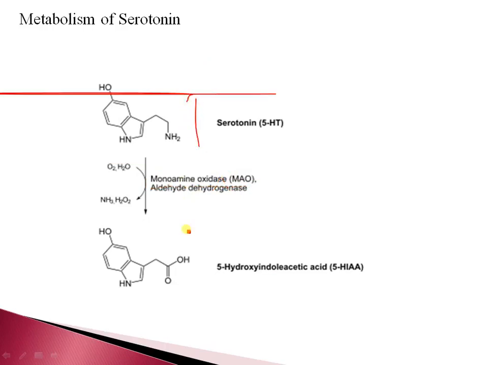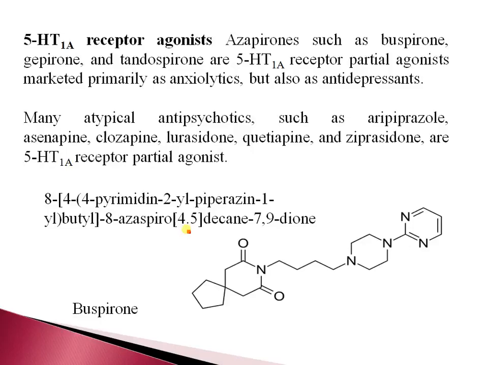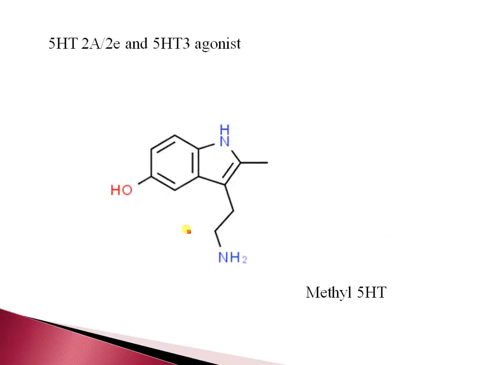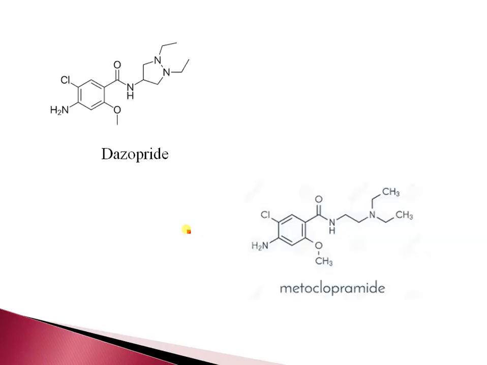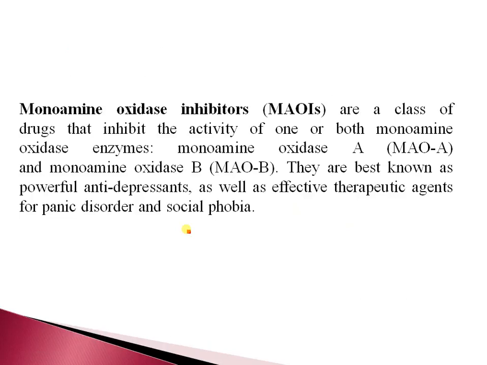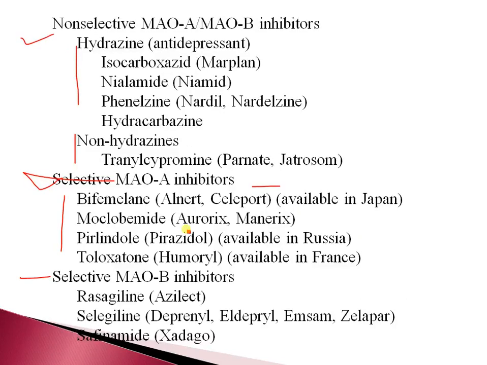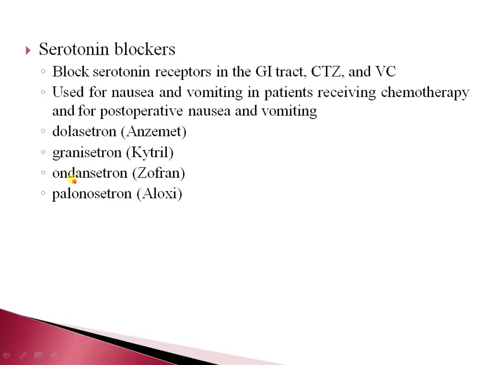That's why these agents are antidepressant agents. These are selective MAO-A and MAO-B: there are two MAOs, monoamine oxidase A inhibitors and B inhibitors.